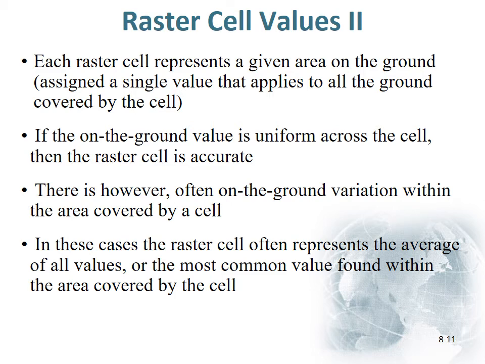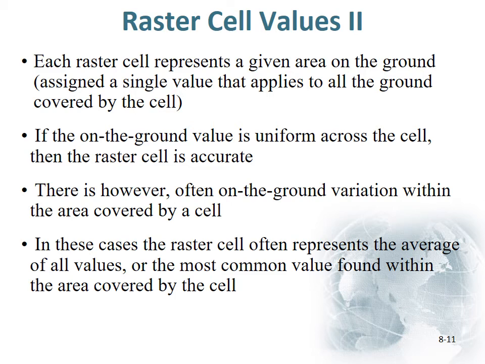Quite often, though, as we saw just a few slides ago in a real basic example, there can be a lot of variation in the land surface and margins between different surface features, like vegetation patterns changing on a mountainside or something like that.